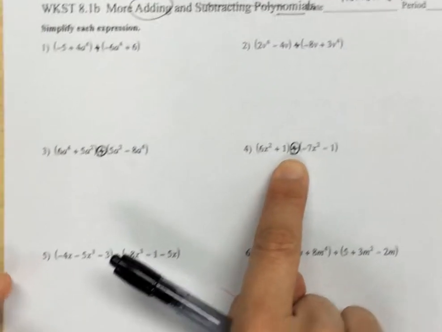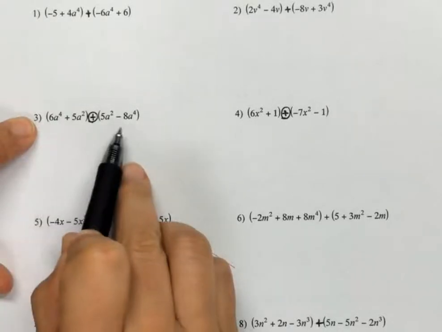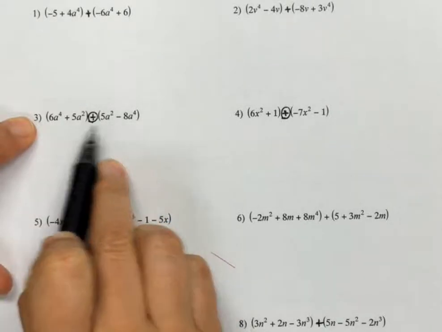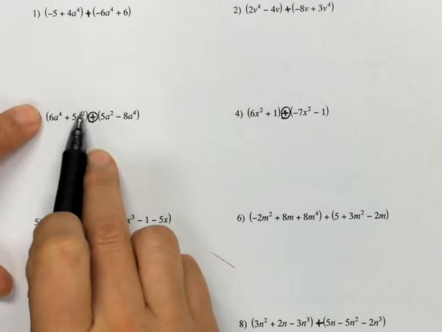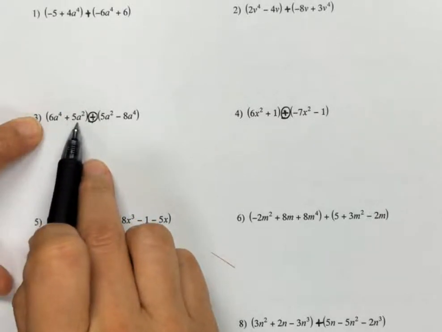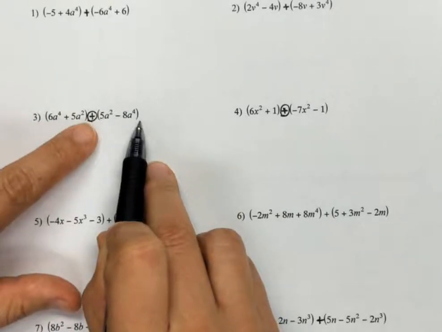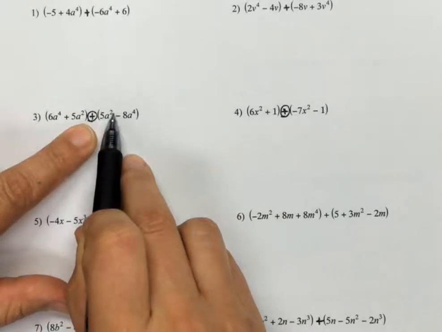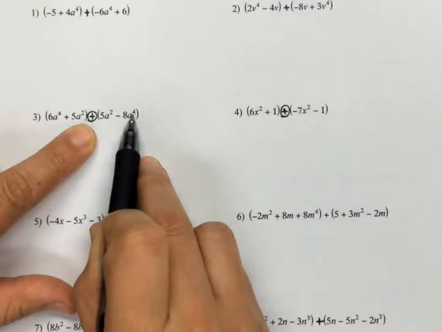Our first step, I'm going to do number 3. Our first step is to rewrite both equations without the parentheses, because what this is saying is the quantity 6a to the fourth plus 5a to the second should be added to the quantity 5a to the second minus 8a to the fourth.